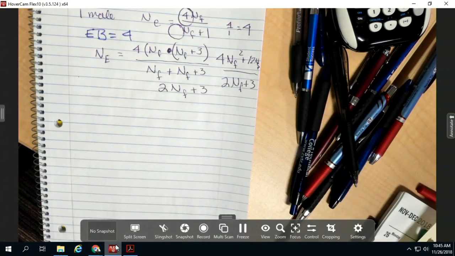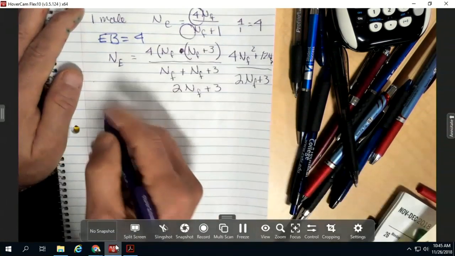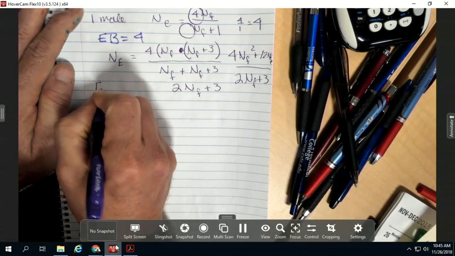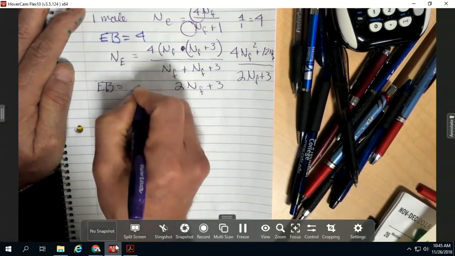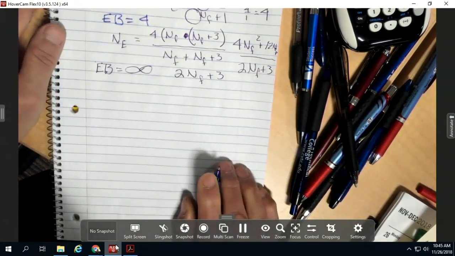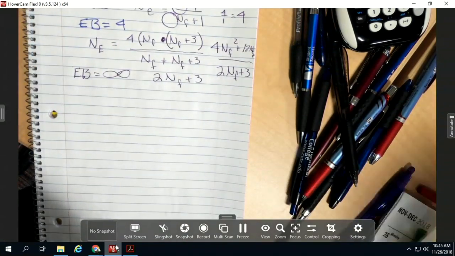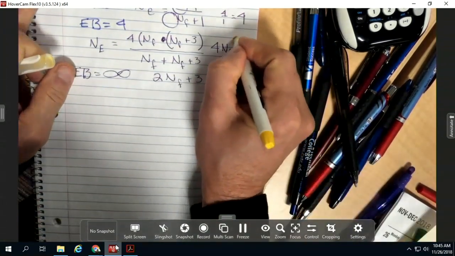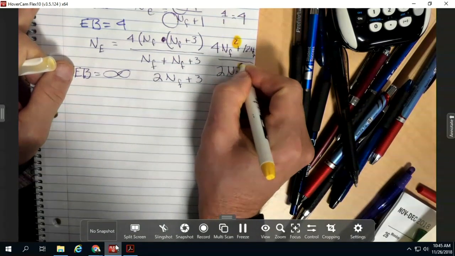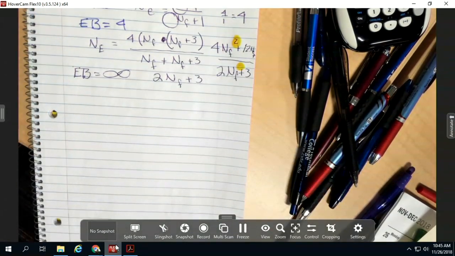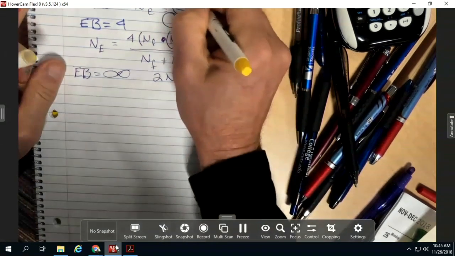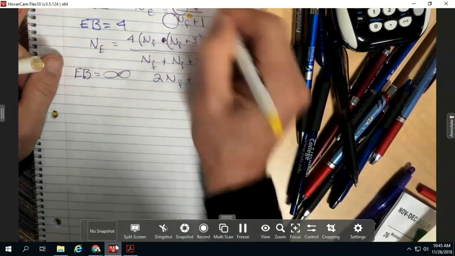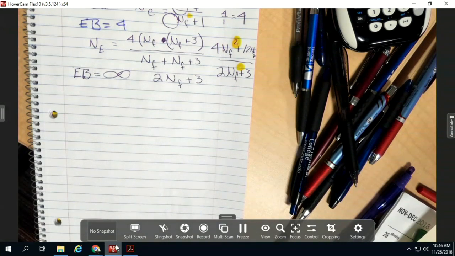So in this case, we would say the end behavior is infinity. Why? Notice the numerator and the denominator do not have the same power. Before, the numerator and denominator did have the same power.